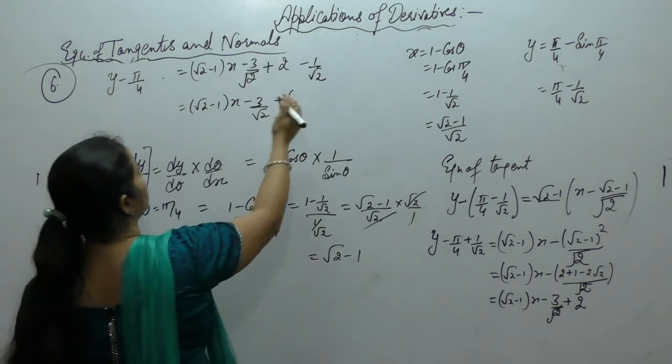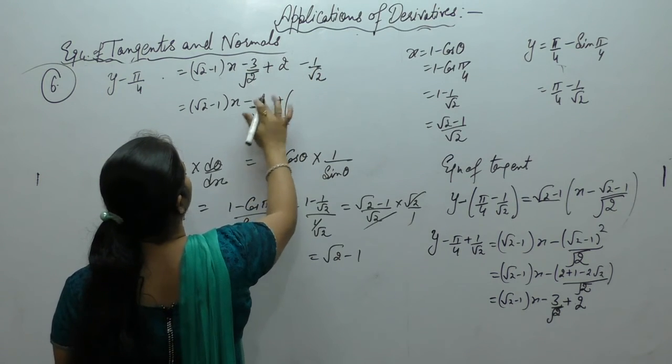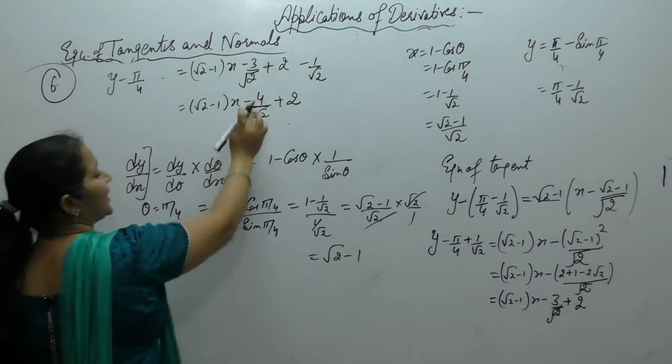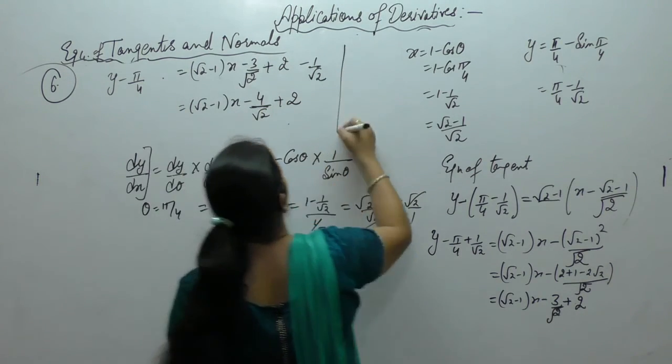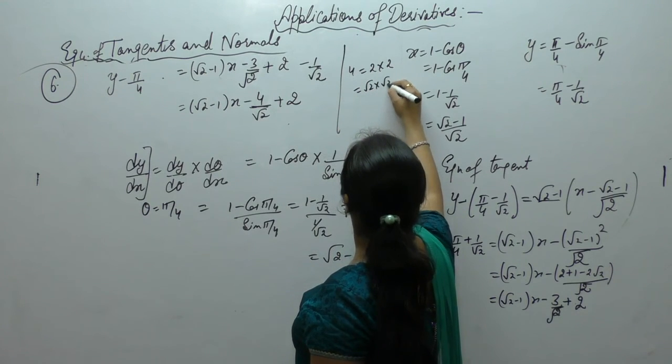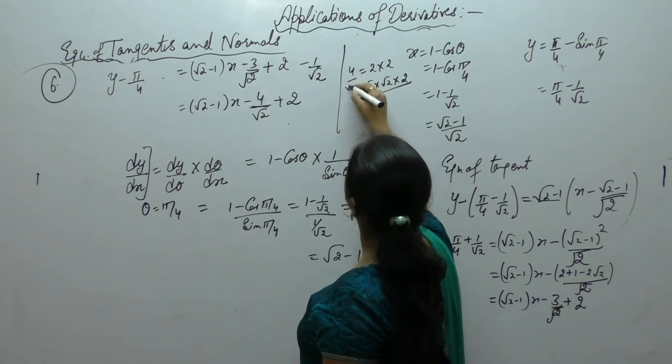This 1 by root 2, minus 3 minus 1, minus 4 upon root 2 plus 2. We can write 4 as 2 into 2 and 2 as root 2 into root 2, upon root 2 is here.